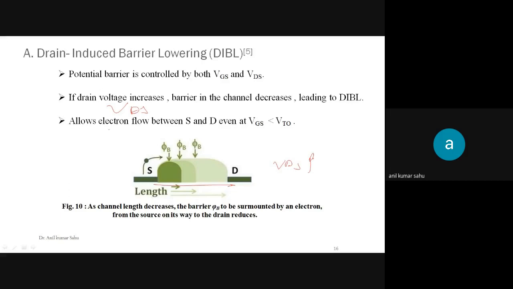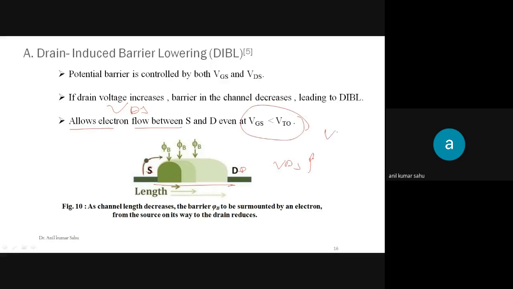So here electrons can flow between the source and drain. This side is the source, this side is the drain. Electrons can flow between the source and drain even when VGS is less than VTO.